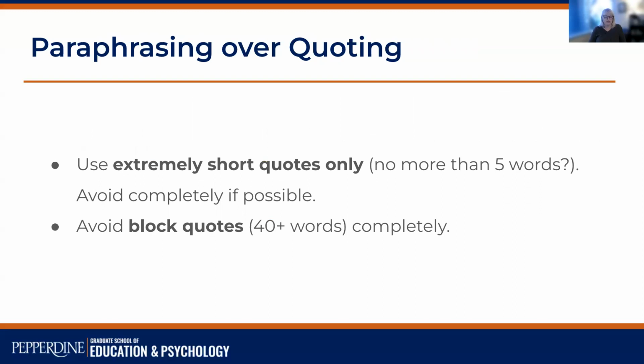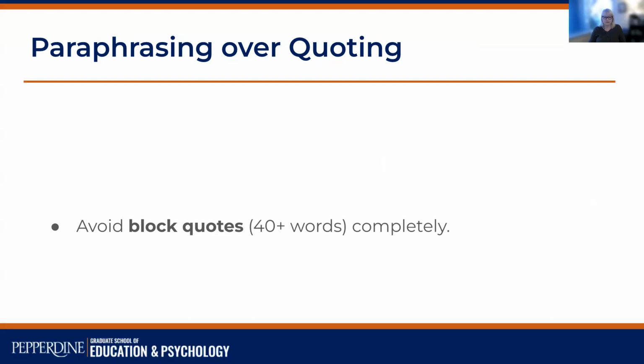So try to avoid as much as you can quotations, and really rely on paraphrasing because it gives you more flexibility to compare and contrast and to summarize and synthesize. And generally at the master's level, you will avoid block quotes of 40 plus words completely.